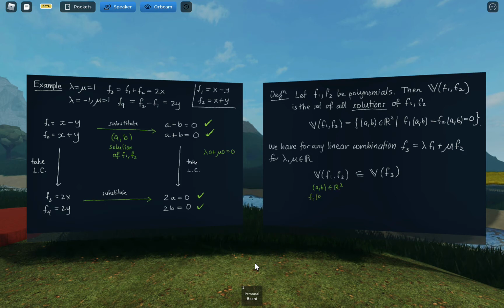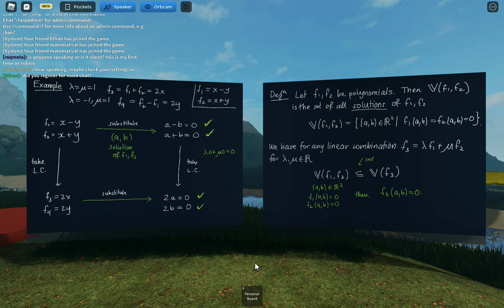Right, so if F1 of (a, b) is 0 and F2 of (a, b) is 0, then F3 of (a, b) has to be 0. Okay, so that's the inclusion. That's notation for the subset relation. So it just says that everything in the left-hand side also belongs to the right-hand side.